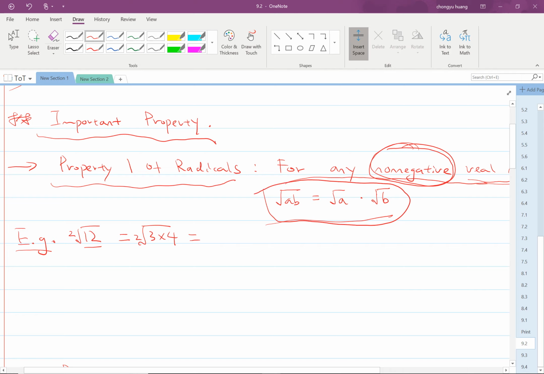This is just the square root of 3 multiplied by the square root of 4. Let me read the statement: the square root of AB is equal to the square root of A multiplied by the square root of B. So here we are applying the property.